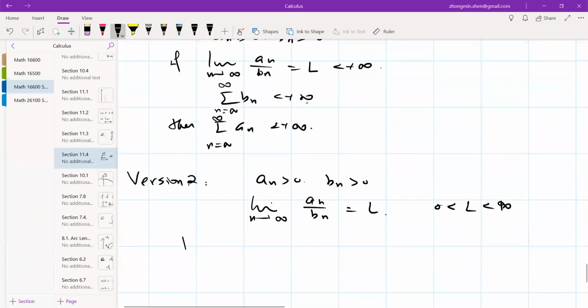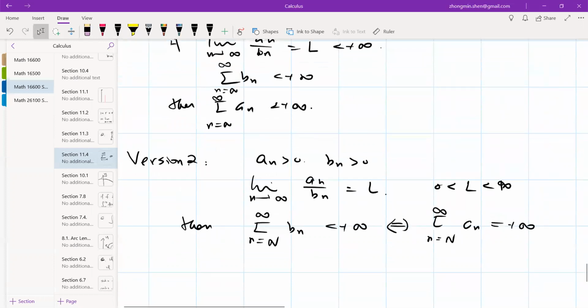Then the convergences are equivalent, if and only if. There's a small difference here. First of all, b_n finite implies sum a_n is finite.